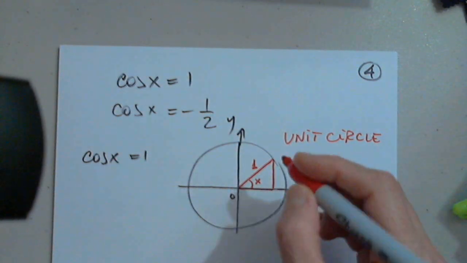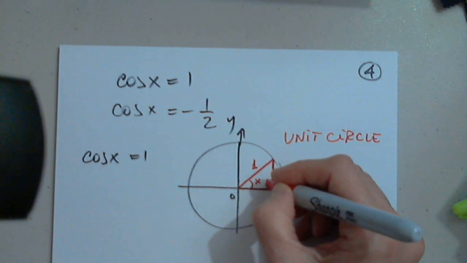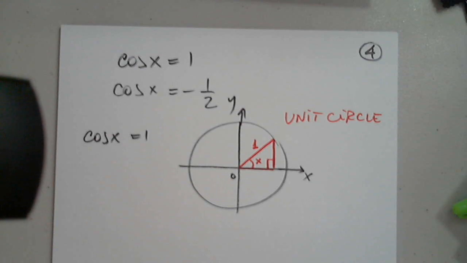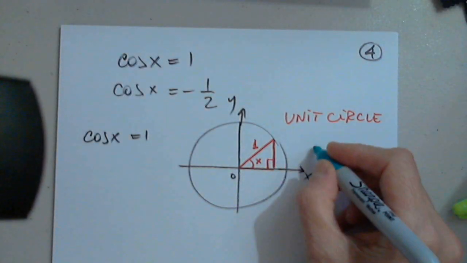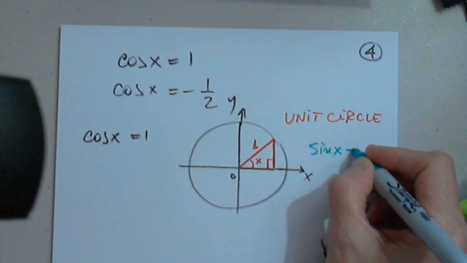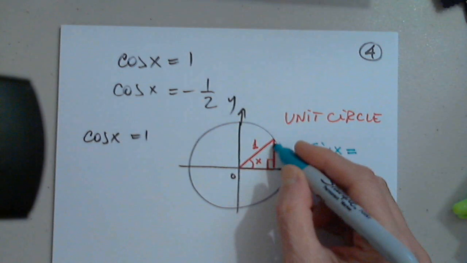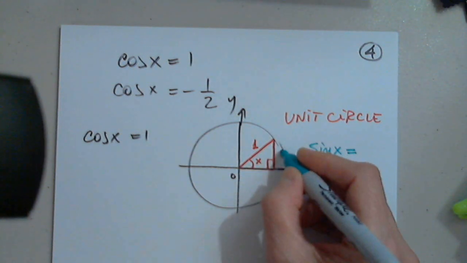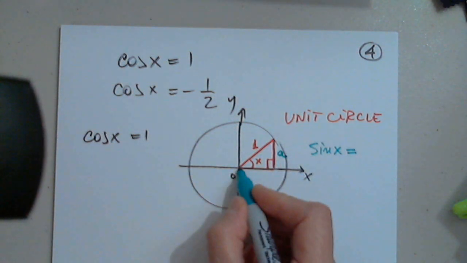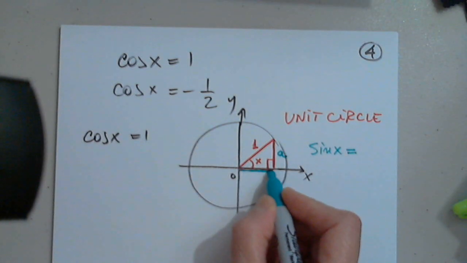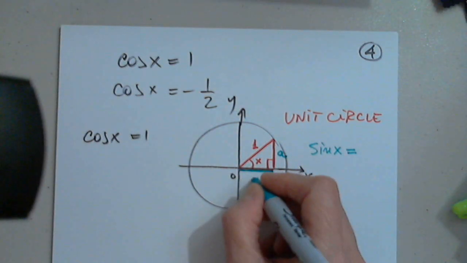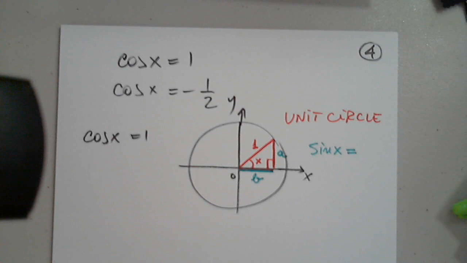In a right triangle, if I want to determine sine x, assuming that this is the height, I'm going to call it A, and assuming that this is the adjacent leg, I'm going to call it B. Can anyone refresh our memory? What does sine x equal to?